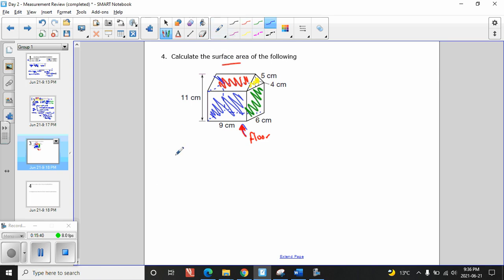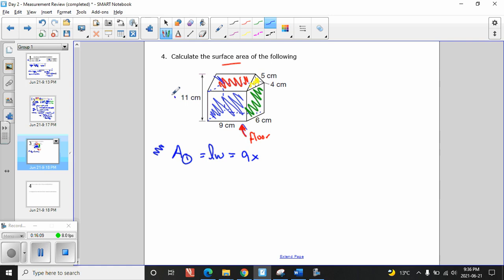I'm going to number these. I'm going to say blue is going to be the area of shape number 1, or the area of the blue side. That's a rectangle, so I'll be using length times width. The length is 9. The width in this case is actually its height. It looks like the whole house is 11 centimeters tall, and the roof is 4 centimeters tall.